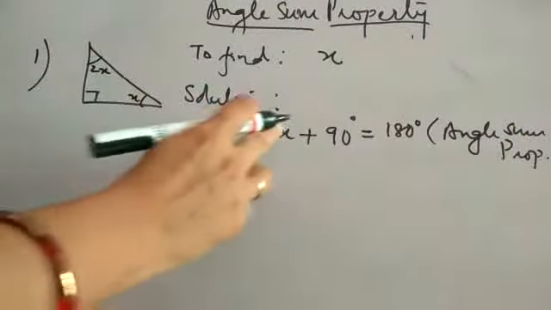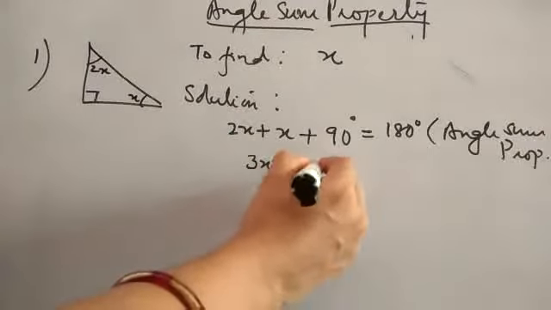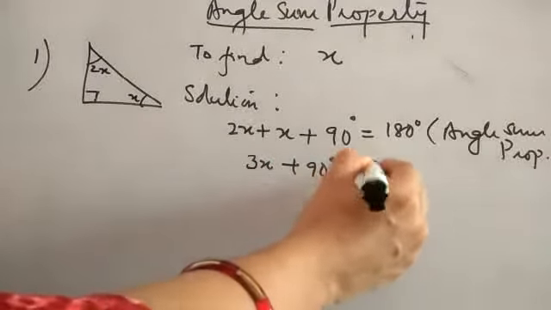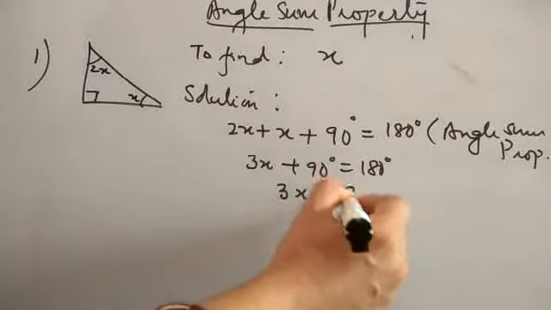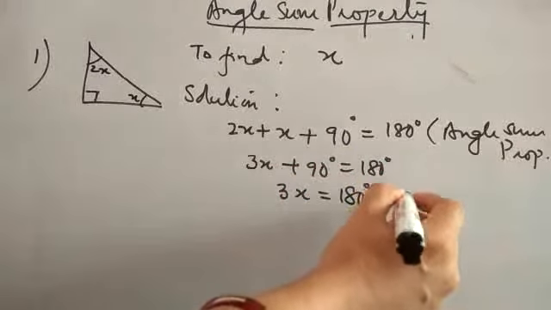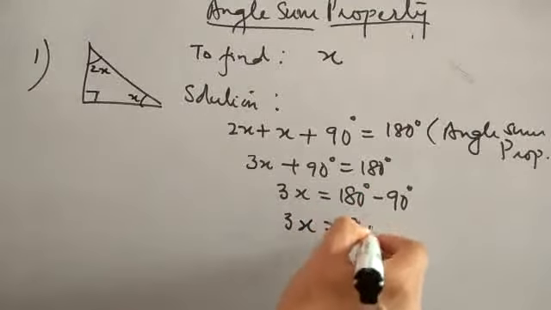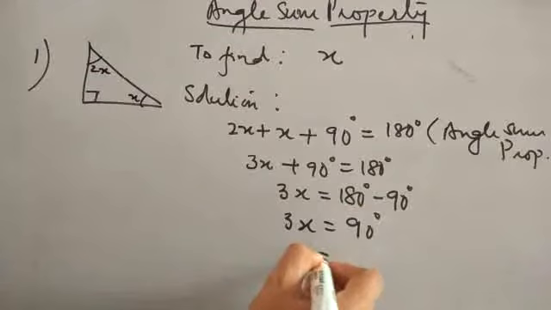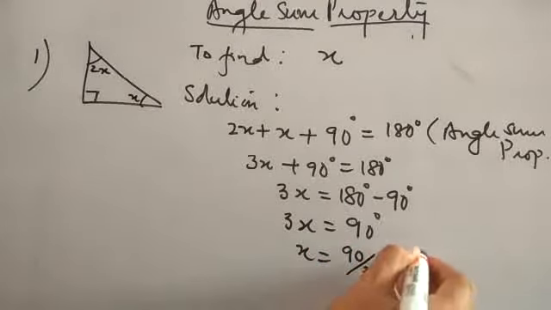Now x plus 2x in algebra gives you 3x, plus 90 is equal to 180. 3x is equal to 180 minus 90, 3x is equal to 90. x is equal to 90 upon 3, that is 30 degrees.